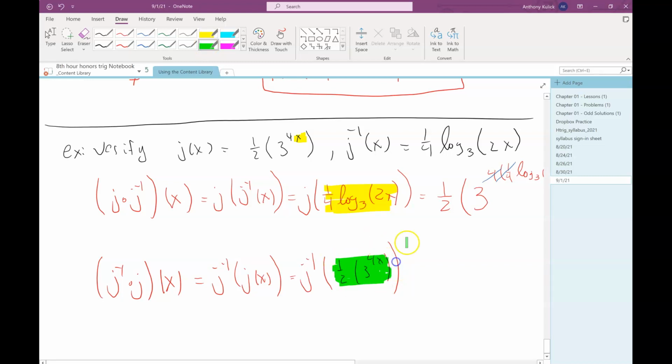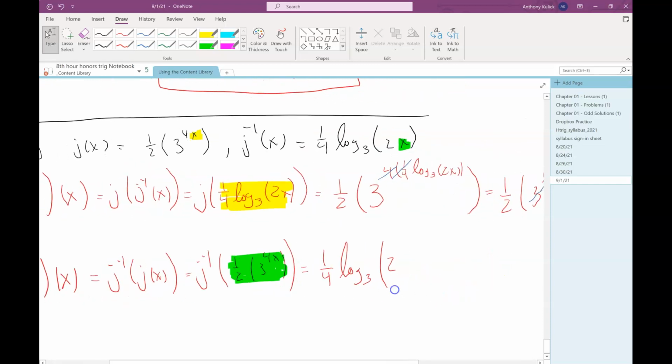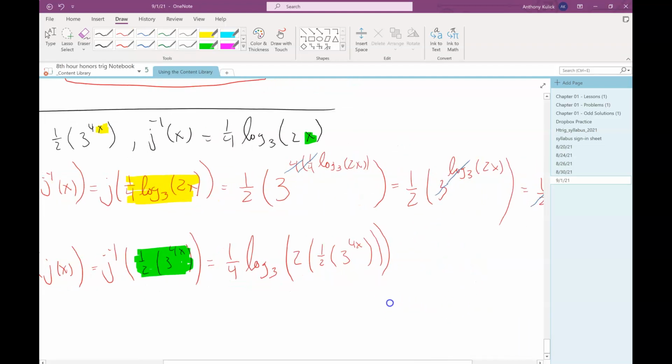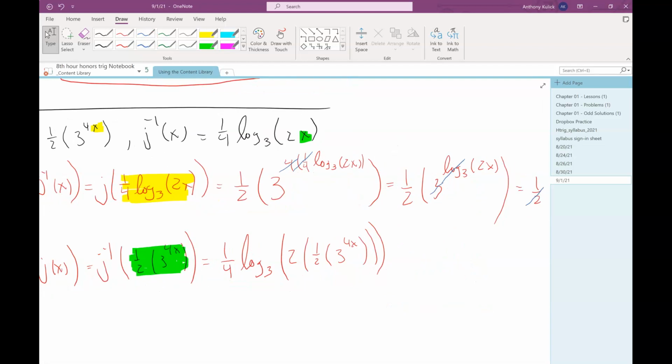1/2 times 3 to the 4x into the x for J inverse. So I have 1/4 log base 3 of 2, and then in place of x, I'm going to have 1/2 times 3 to the 4x. The composition is done, so now it's time to simplify.